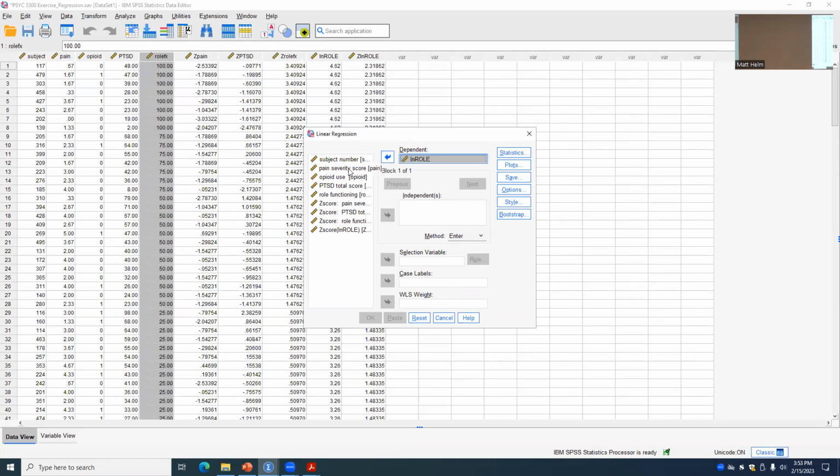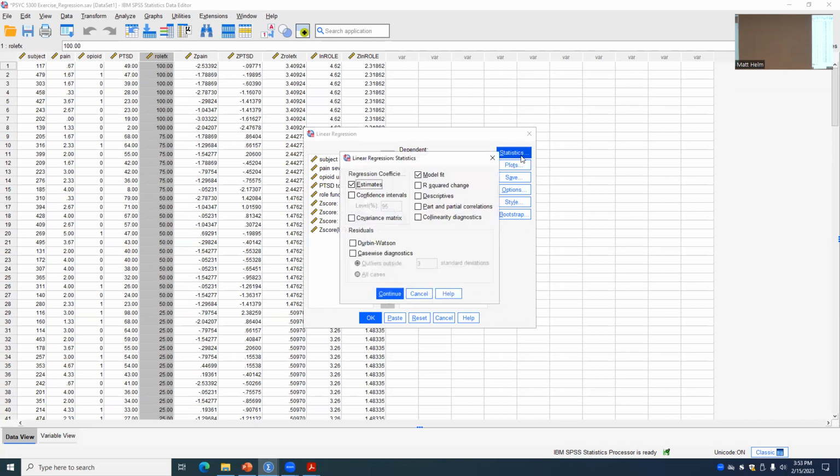My predictors are going to be, I'm making sure I have the same order as in the handout, opiate use first, pain severity, and then PTSD. The order doesn't matter. I'm just trying to make things line up with the handout.